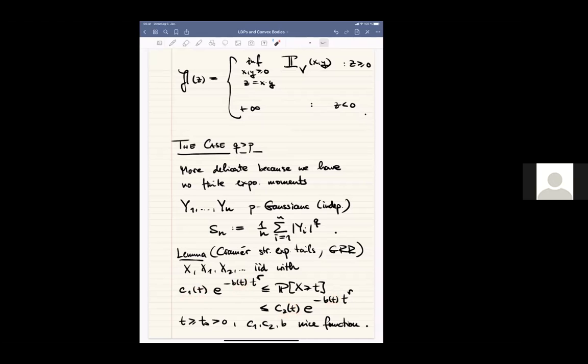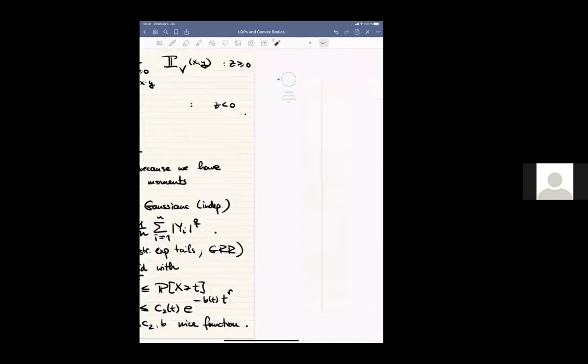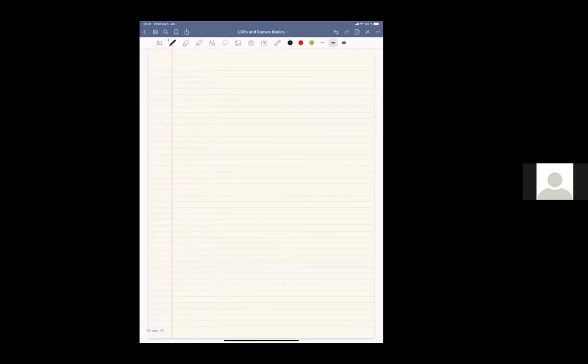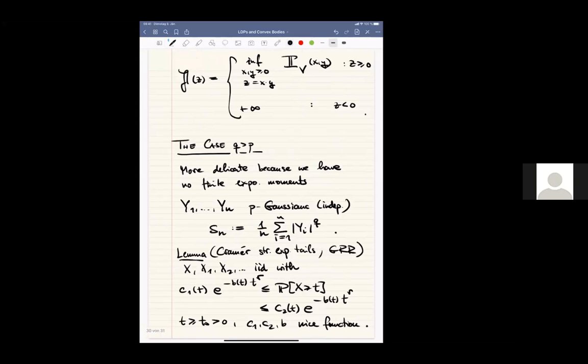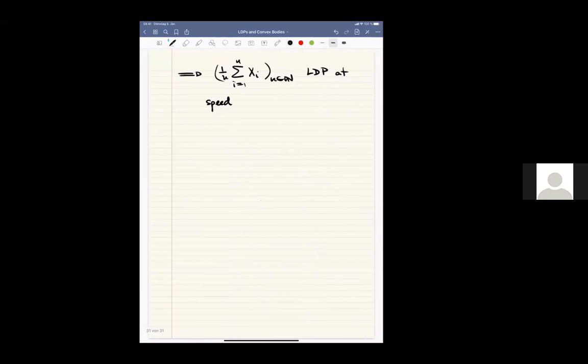If you have such a tail behavior and nice functions, then it follows that 1 over n sum xi, i from 1 to n, satisfies a large deviation principle at speed, r should be between 0 and 1, at speed b of n, n to the r.